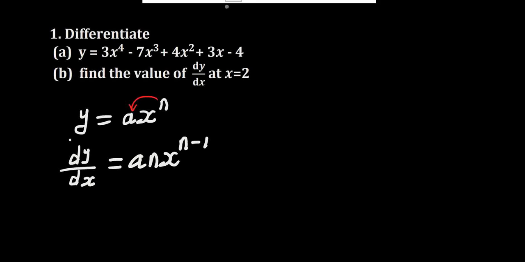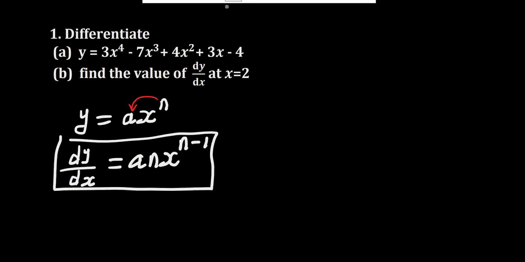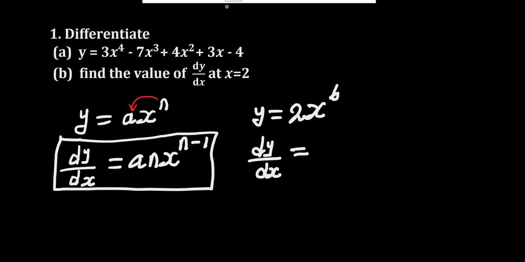So this is the basic concept of differentiating a polynomial. So if we have y equal to 2x to the 6th power, all you have to do, first, you write y as dy/dx, and that will be equals to, use the 6 to multiply 2, and that will be 12.